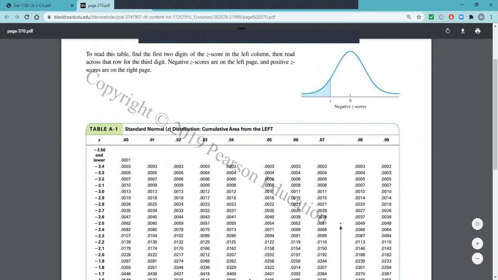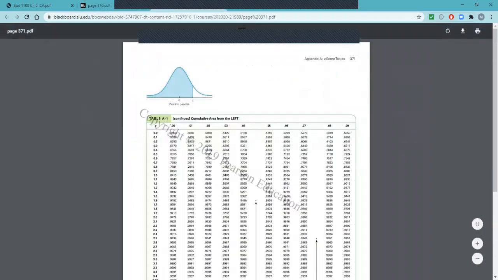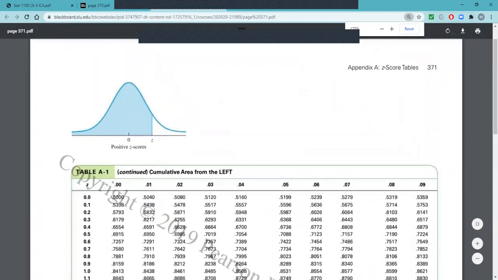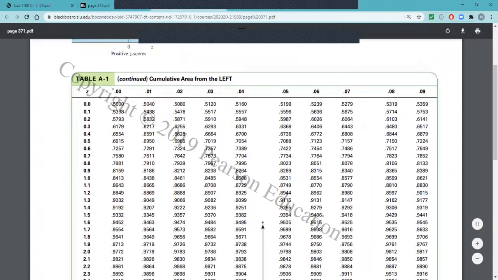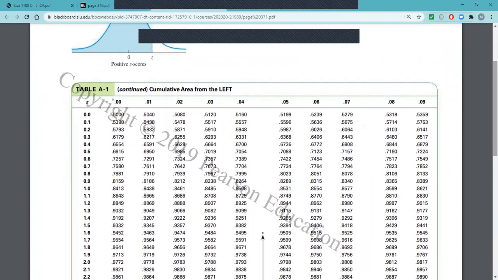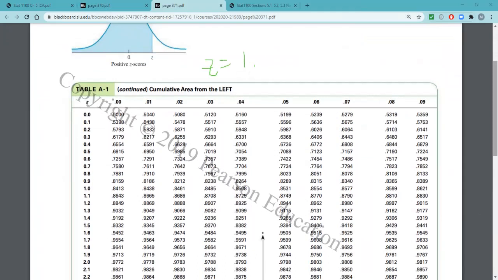And you want to read this table just like you would a map grid or like Battleship, for example. So I'm going to go to this one. Notice in our example, we were using the z-score of 1.67.